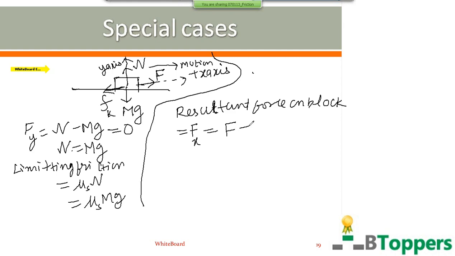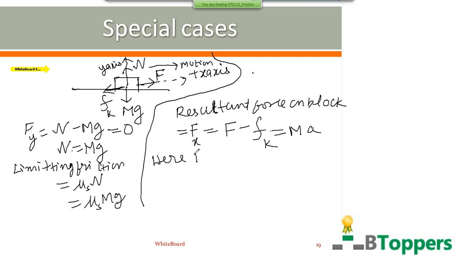Capital F is the magnitude of the horizontal force applied to the block which acts along the positive direction of the x-axis. Fk represents the magnitude of the kinetic friction force on the block by the floor which acts towards left in the negative direction of the x-axis. So the resultant force on the block in the horizontal direction we can write as F minus Fk. From Newton's second law, the resultant force on the block can be written as the product of its mass and acceleration.